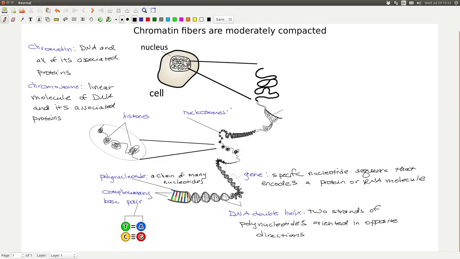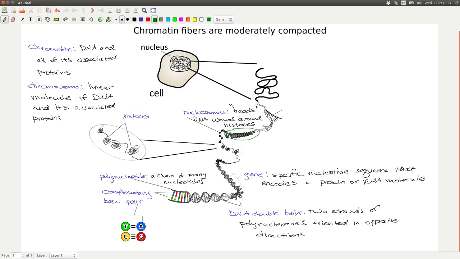These nucleosomes look like little beads on a string, and that's basically a set amount of DNA wound around histones. The next level of compaction occurs when these nucleosomes coil to form a chromatin fiber. You can see this chromatin fiber shown here.